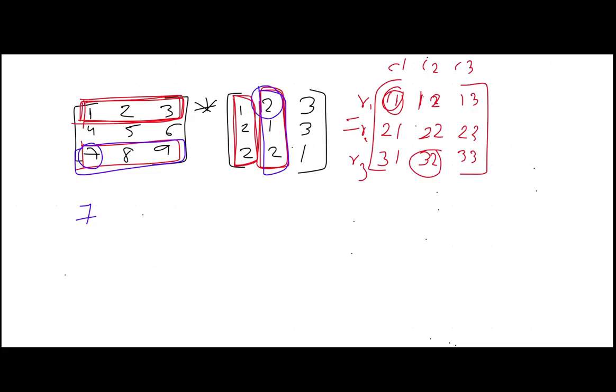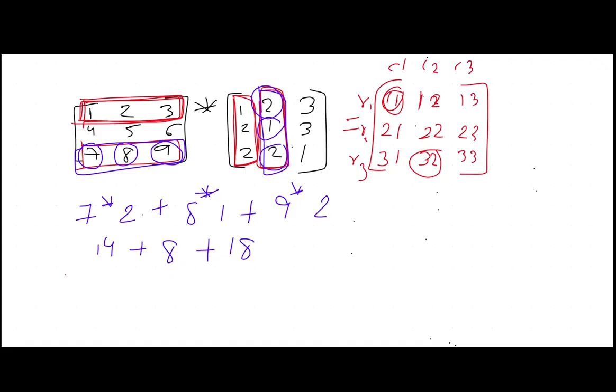So 7 into 2, plus 8 into 1, plus 9 into 2. So 7 into 2 is 14, plus 8 into 1 is 8, and 9 into 2 is 18.